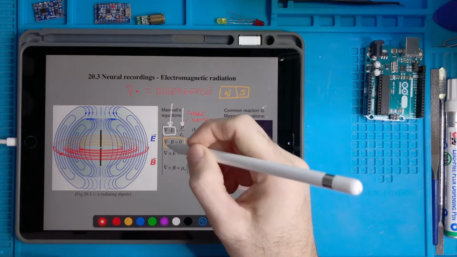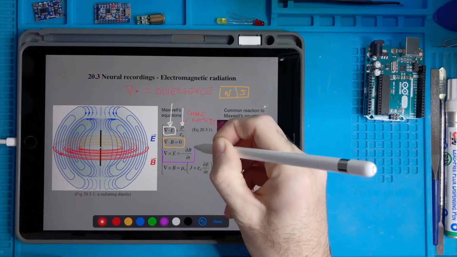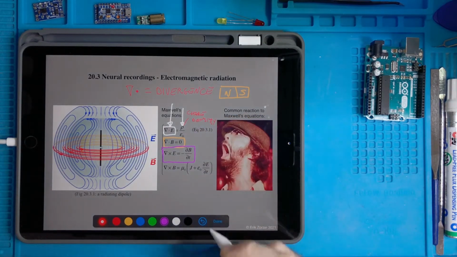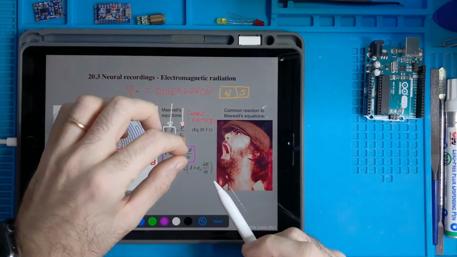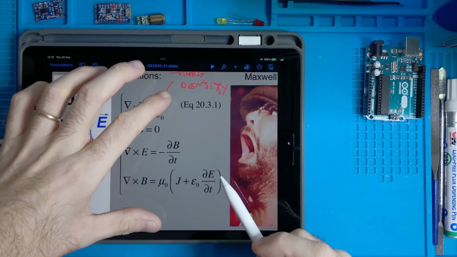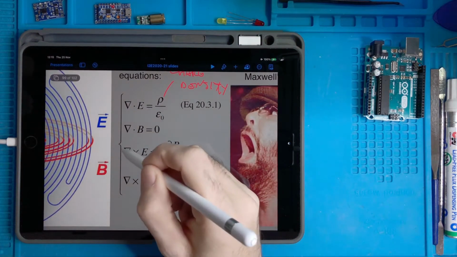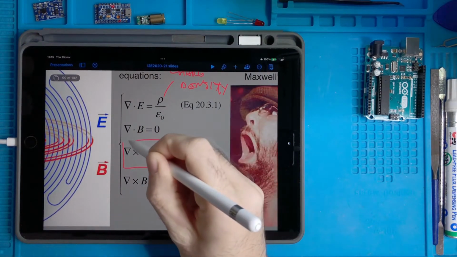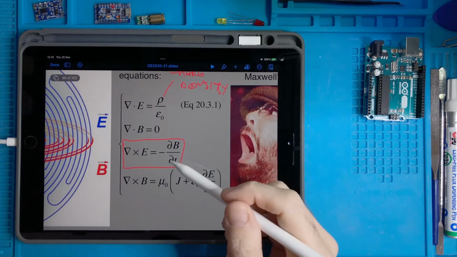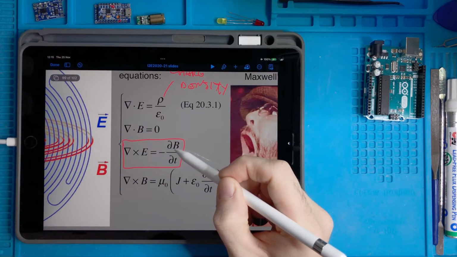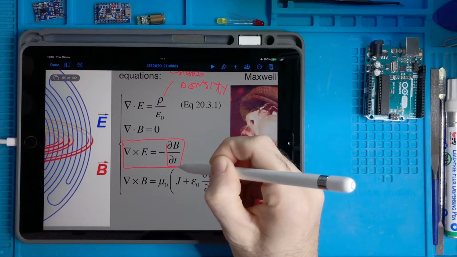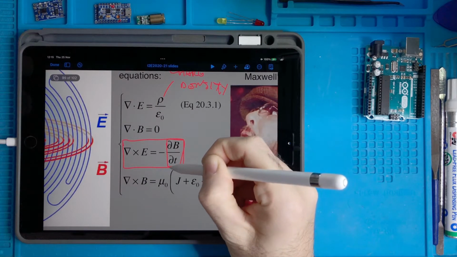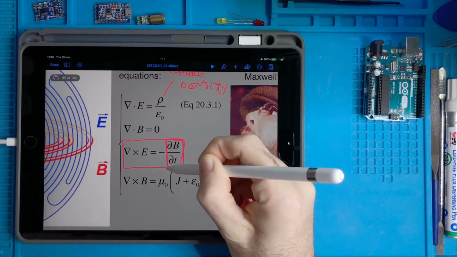Then there is another law which is interesting for us, which is this one. Let's have a look at it. The third law is saying that the variation in time of the magnetic field, which can be easily understood as a time derivative, is equal to this guy.